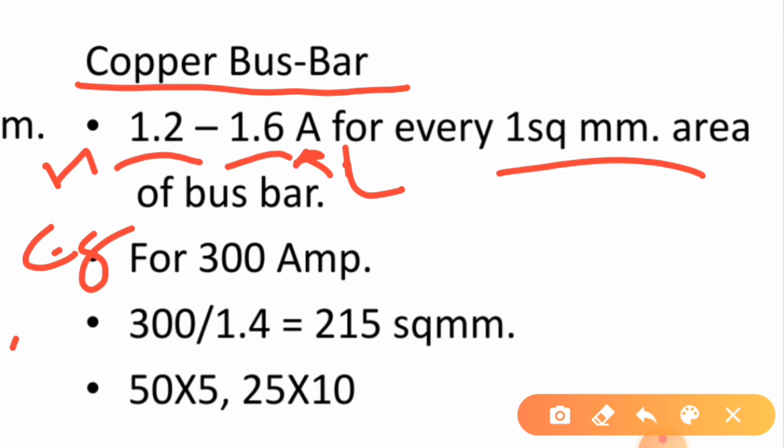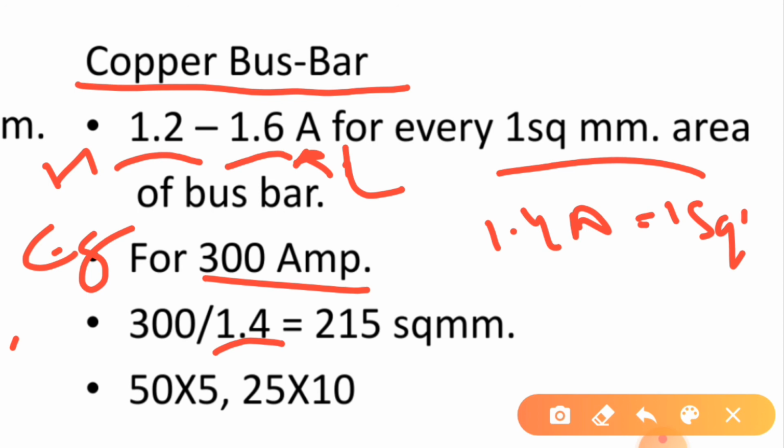Like the same 300 ampere, how much rating of copper bus bar will we require? We'll see this. Friends, for 300 ampere I have taken 1.4 because this is a middle value of current. So here for 1.4 ampere we will require 1 square mm of copper bus bar.